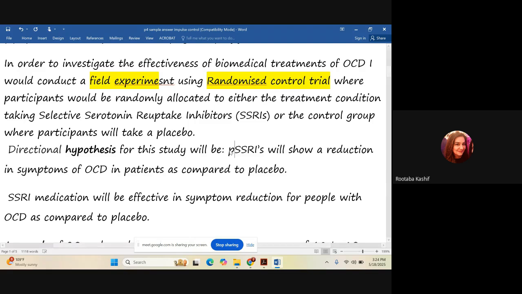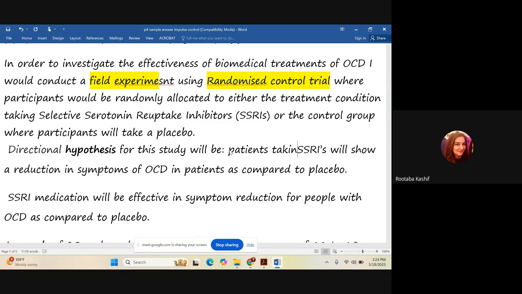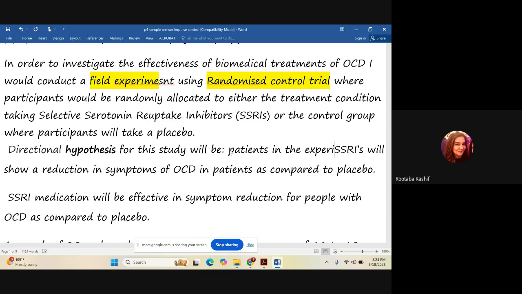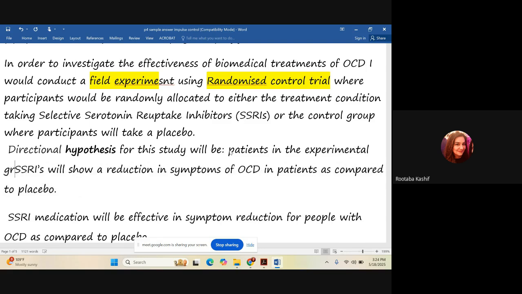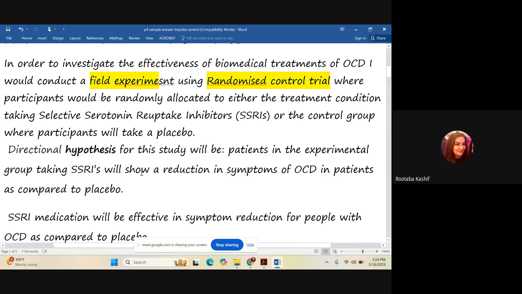Let's write: patients in the experimental group taking SSRIs will show a reduction in symptoms of OCD as compared to patients in the placebo group, right?